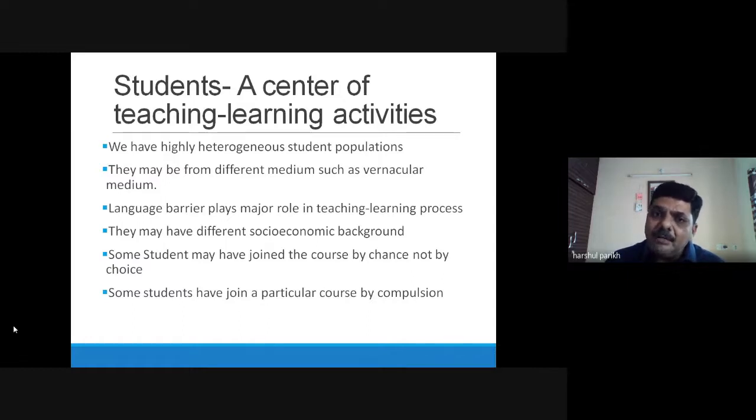Sometimes there is compulsion from family, compulsion from friends: my friend is doing this kind of course, that's why I have joined this. Any driving force which compels the student to join a course means the student has joined a particular course by some driving force, not by choice.